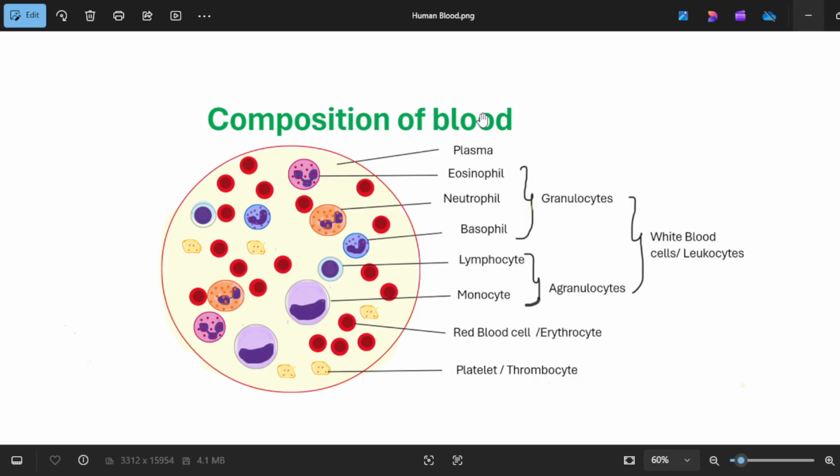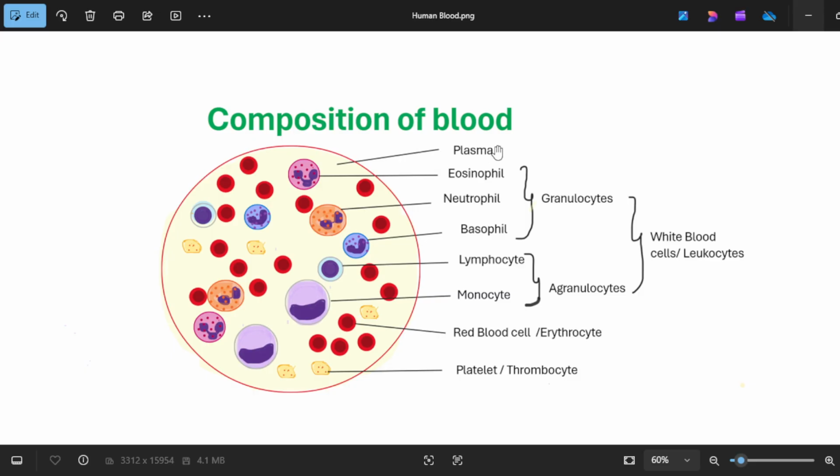So if you see, blood contains all these components. So all these components are what are going to help us in maintaining the body's internal conditions stable. So if you see here, plasma is there. Plasma has many ingredients which are dissolved in plasma and some which are floating in plasma.